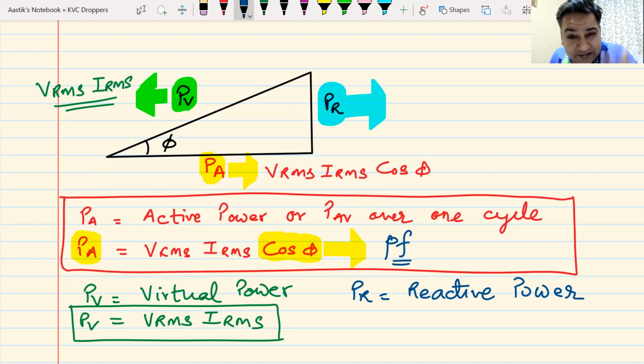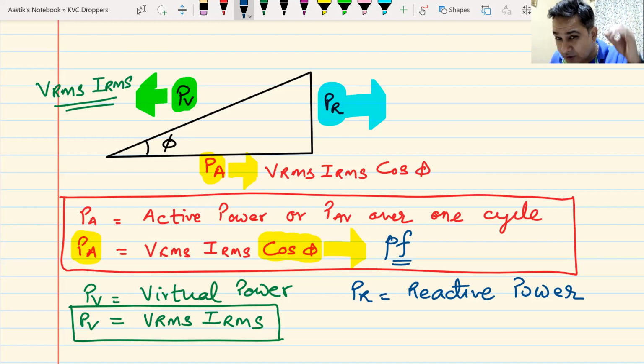So power in an inductor or capacitor is not used. Inductor and capacitor do not consume any power. Remember this, note it down. Inductance and reactance in AC do not consume or use any power.